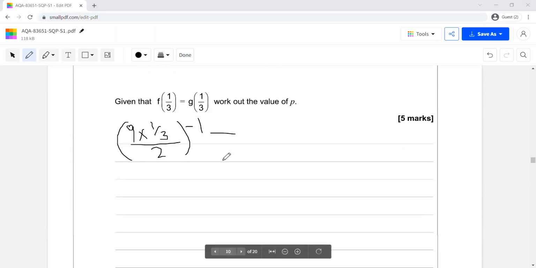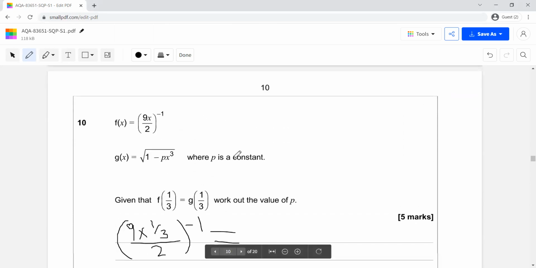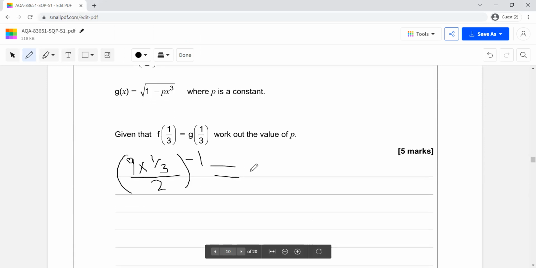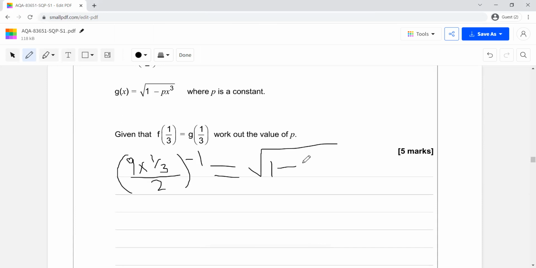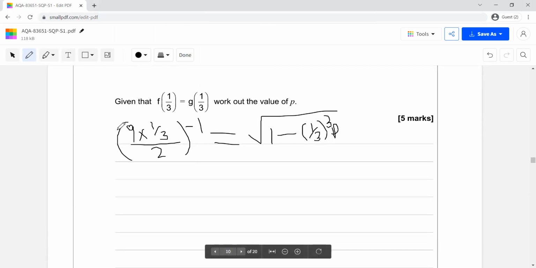And we're saying that's equal to g of 1/3. So we're saying that's equal to the square root of 1 minus (1/3) cubed times p. Now, 9 times a third is 3 over 2.